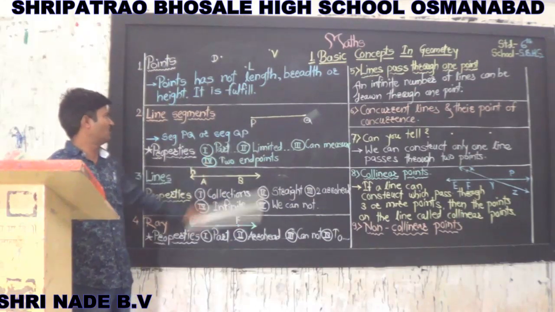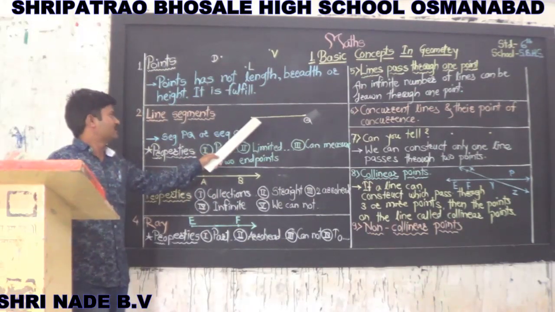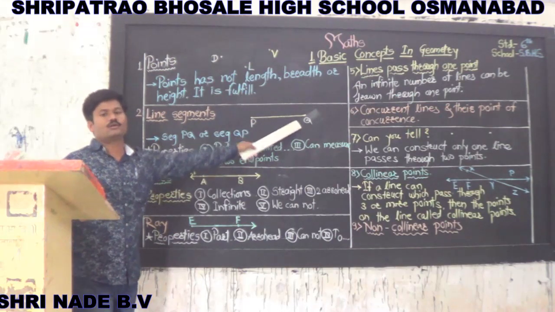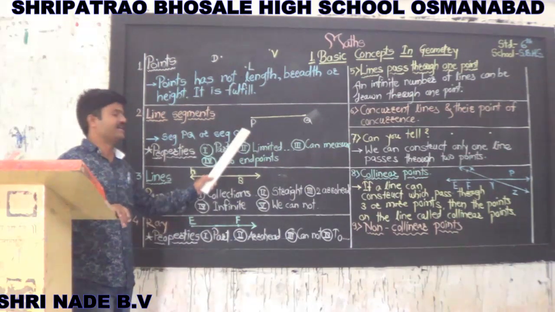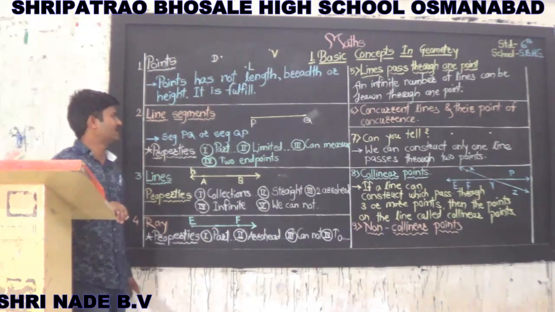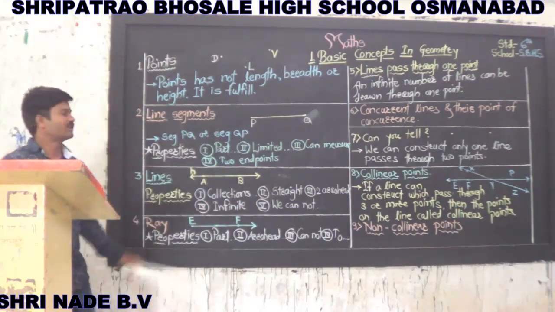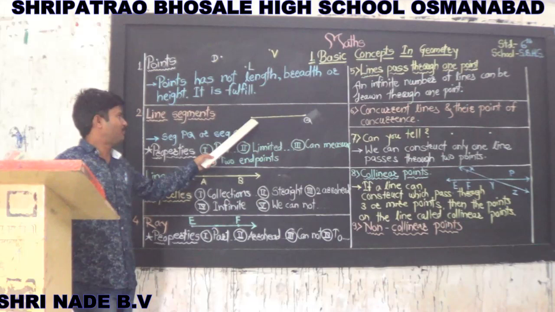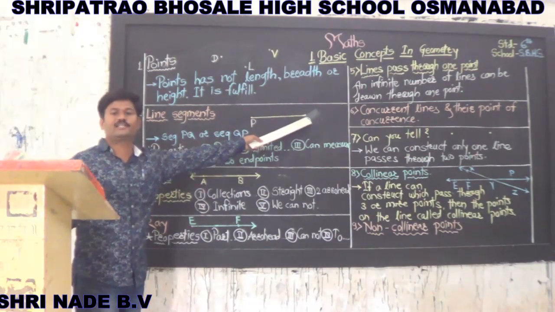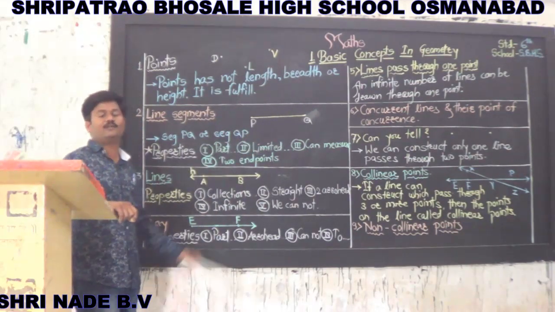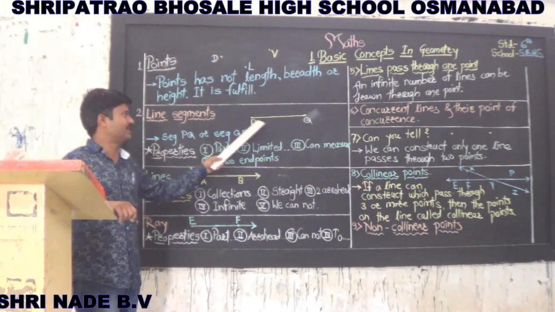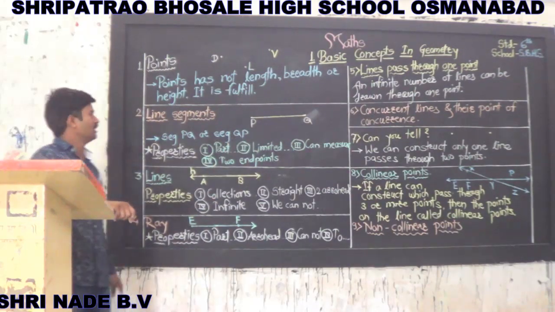On the blackboard it is drawn as PQ, or we can read it using the other name, QP. Here point P and point Q are the end points of the line segment PQ.